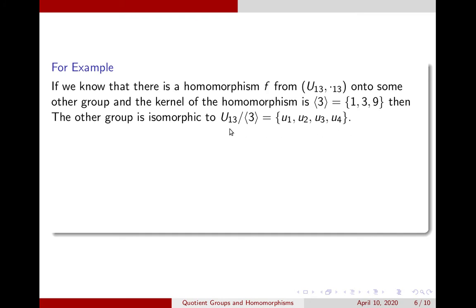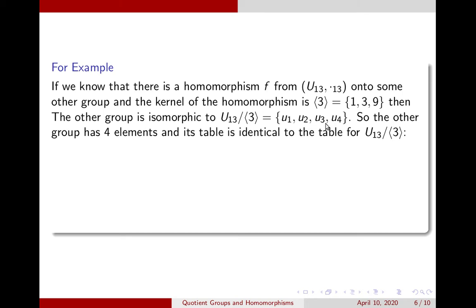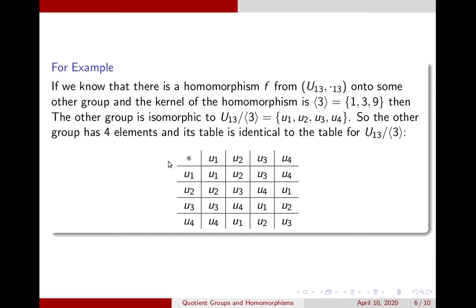So the other group has to be isomorphic to this quotient group, which means it has 4 elements, because the quotient group has 4 elements, and its table has to be identical to the table for U13 over the subgroup generated by 3. Here's the table that we had on a previous slide. So, knowing just the kernel of the homomorphism tells us exactly what the other group looks like.